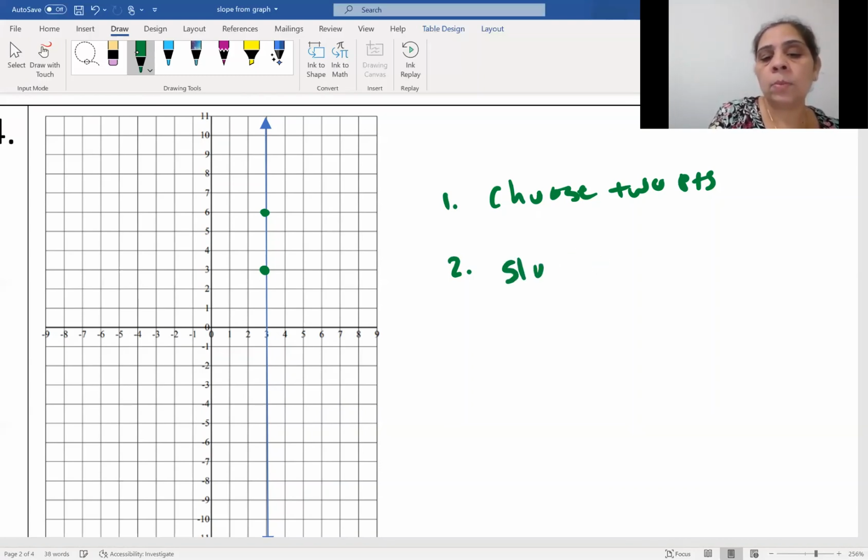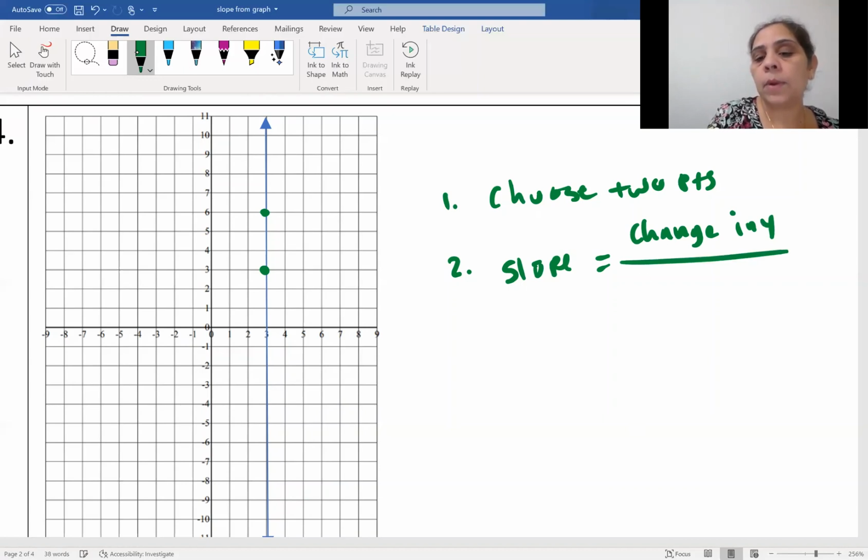So you have slope equal to change in y divided by change in x. So we will see from this point to this point, how many units you need to travel vertically? 1, 2, 3 units. So you will say change in y is 3 units.